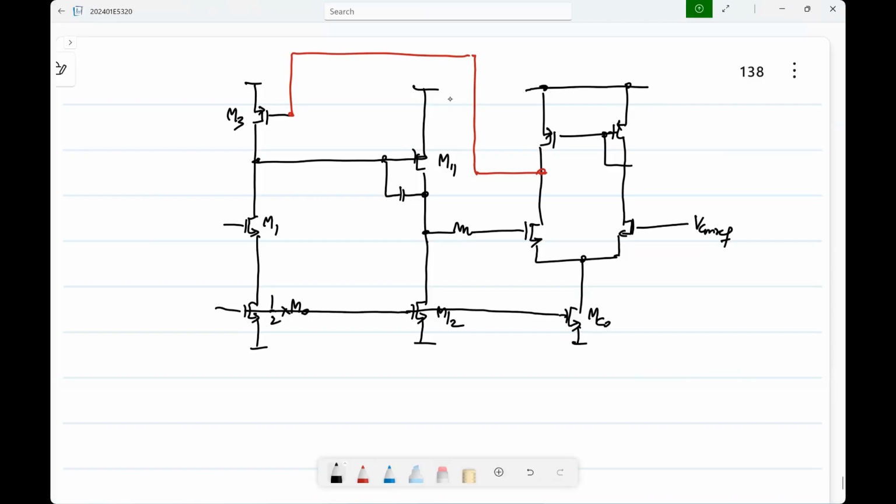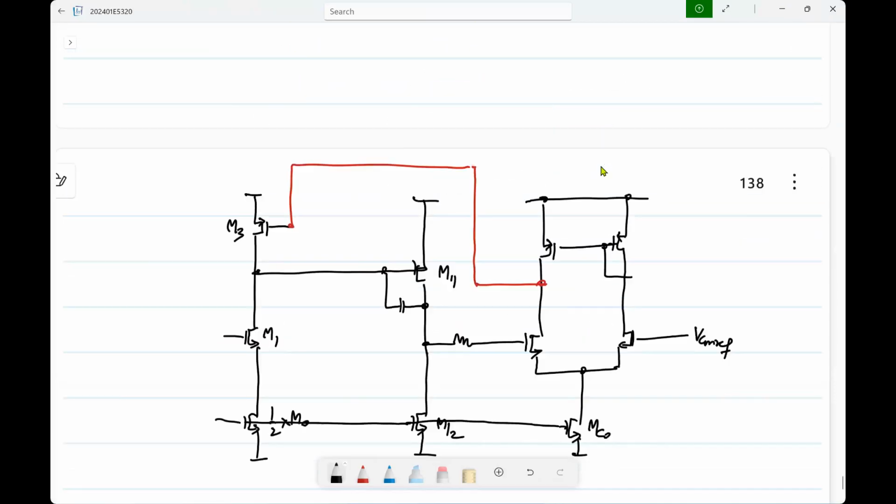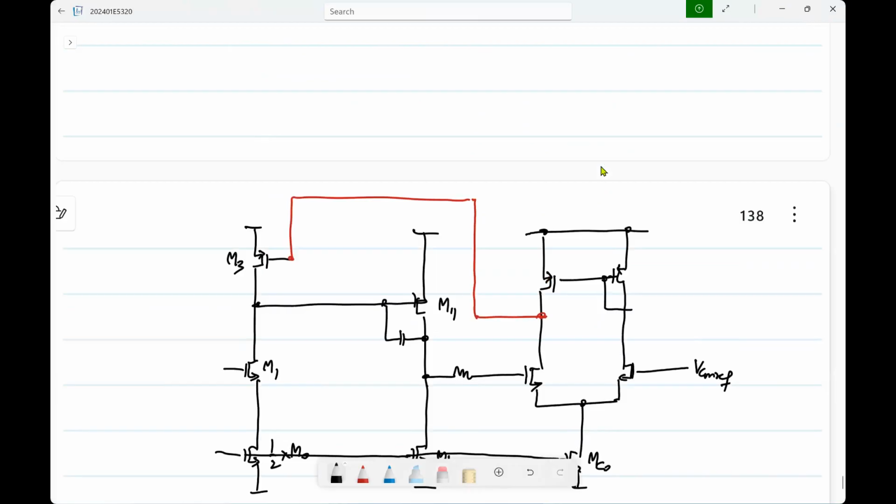Which is the first stage? Drain of M3 to, where should it be? From where to where? Drain of M3 to drain of?